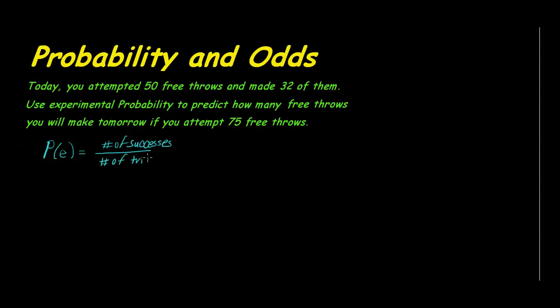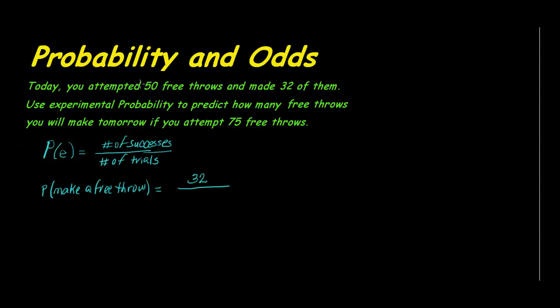So in the case of this problem, the probability of making a free throw, by the data that is given to us, the number of successes that this person had is 32 because he made 32 out of the 50 trials that he had.